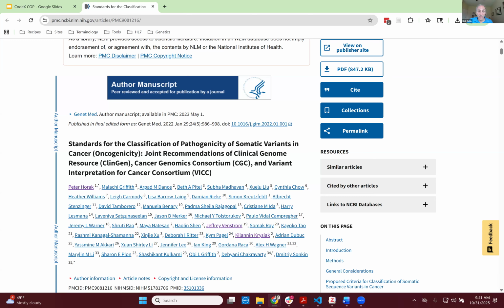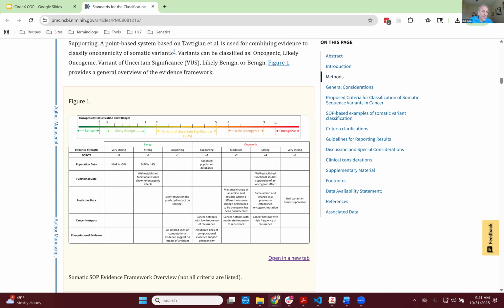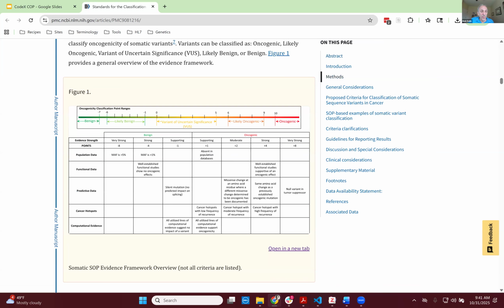And if I say, you know what, I think that this is driving the cancer, I think it's significant, I can opt to submit that variant to ClinVar, and I can use this framework to say why I think that this variant is oncogenic. And what this framework does is it looks at the variant from 5 different perspectives.